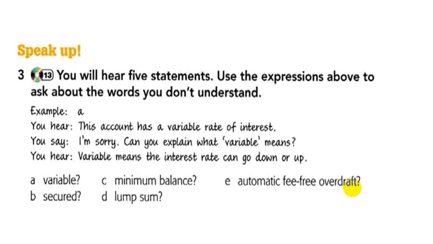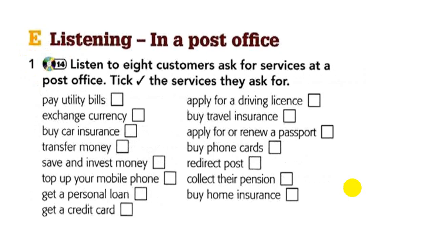Please try to replay it if it's not, and please try to send the answers on the model as text, and if they are voices, you can also send them as voices on the Telegram group. Now moving to listening A in a post office. Let's listen to listening 14.